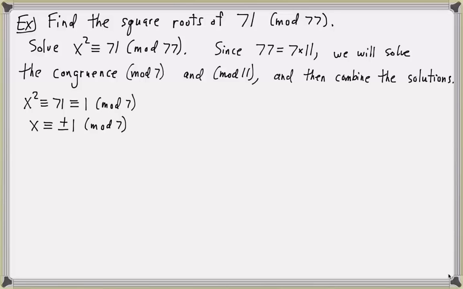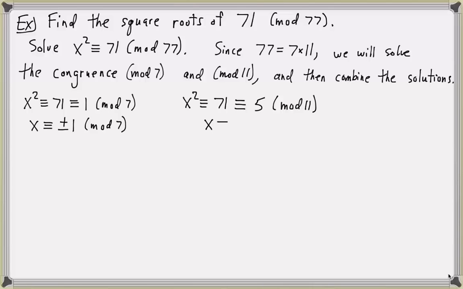Now let's solve this congruence mod 11. If x squared is congruent to 71 mod 11, then 71 is 5 more than a multiple of 11. So this is the same as x squared congruent to 5 mod 11. In the previous example, I showed that the solutions to x squared congruent to 5 mod 11 are plus or minus 4.